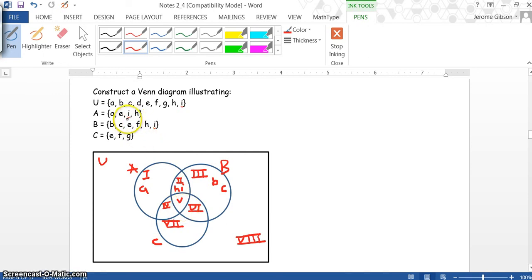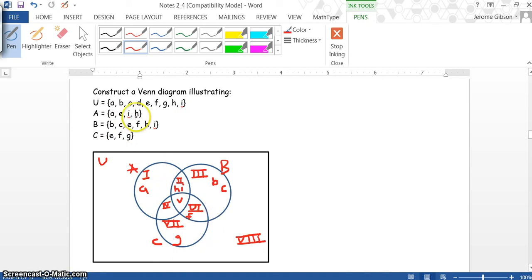And then we look at F. F is in B and C, so in the overlap of B and C, this would be F. And then we look at H. We already listed H and we listed I. So that takes care of B. Now we go to C. We already have E and F. Now we look at G. G is exclusive to C.